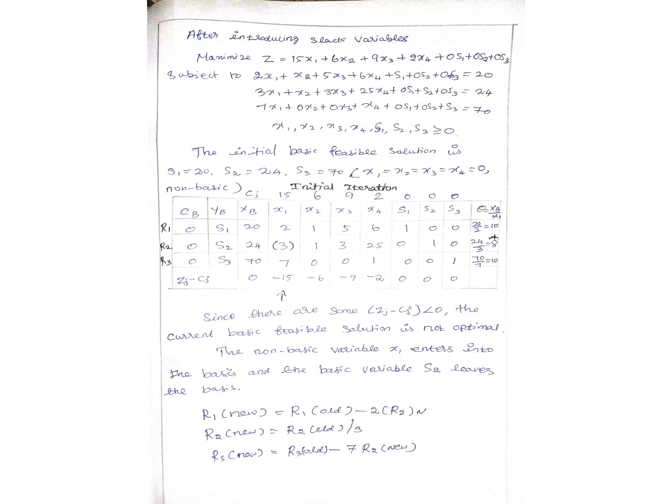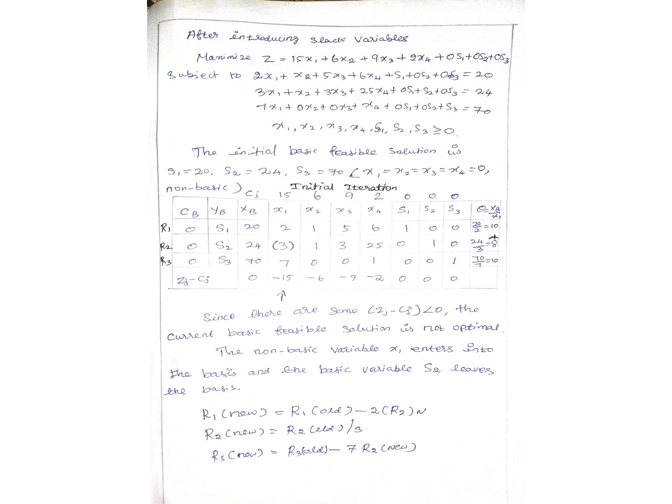Now let us see how I am going to frame the initial simplex table. See here in this table, the Cj row denotes the coefficients of the variables in the objective function, the Cb column denotes the coefficients of the basic variables in the objective function, and the Yb column denotes the basic variables.